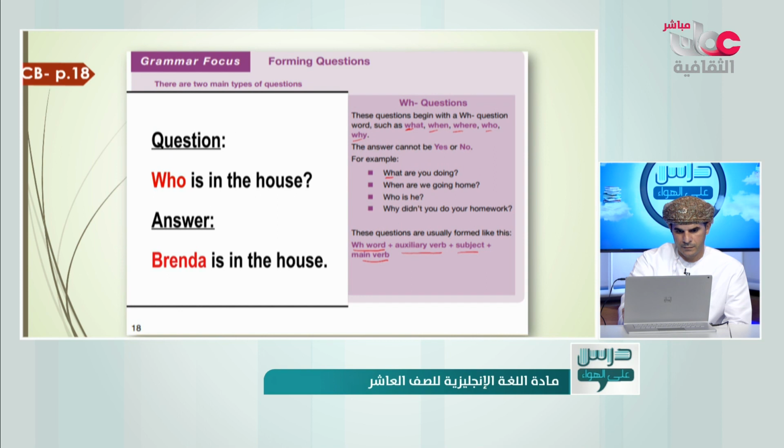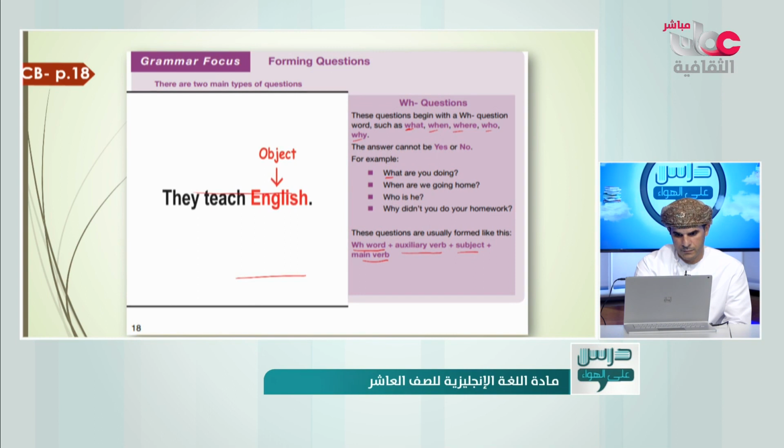Who is in the house? Brenda is in the house. The object of the sentence is the person or thing that receives the action of the verb and usually comes after the verb. Form these questions according to the same rules as for yes/no questions.